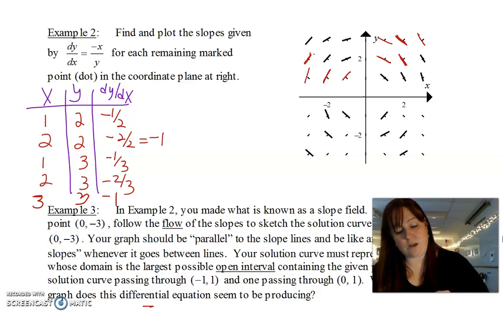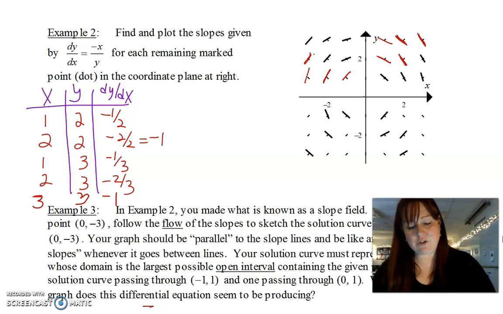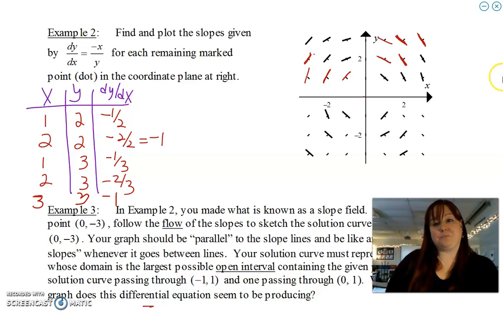So, negative 1. And what I forgot to mention actually, and this is a good way to do it, is to look for patterns. So you see here, when x and y are equal to each other, we have a slope of 1 or negative 1, right? Because this would be negative 1 over 1, this would be negative 2 over 2, this would be negative 3 over 3.